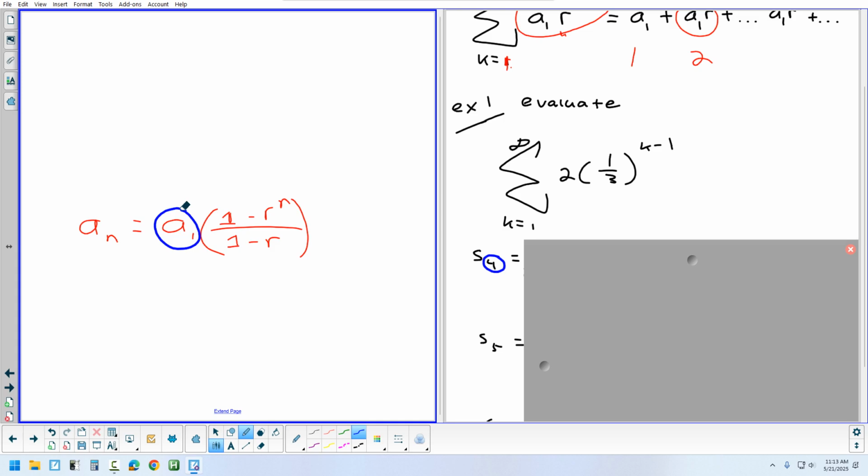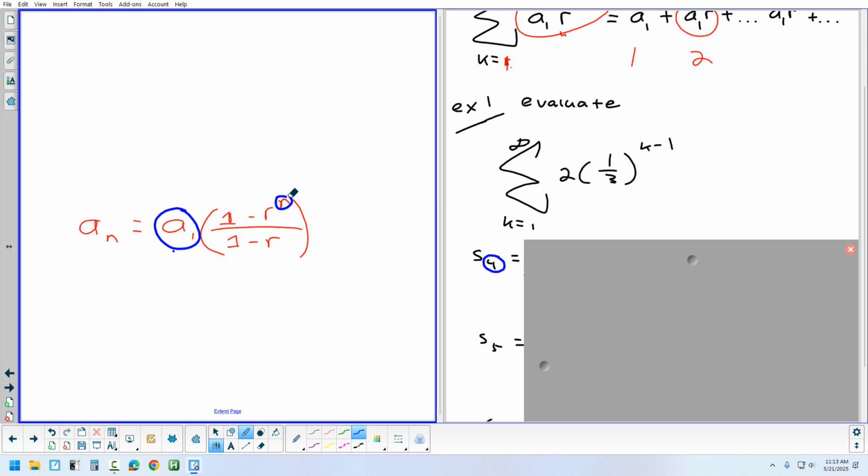If you're not sure what a sub 1 is, fill in 1 for k, and then that's your first term. No, if you fill a 1 in for k, you will not get 0 from that formula. Yep, you'll get 2 times 1, which is 2. So our first term is a 2. Our n value is going to be a 4.